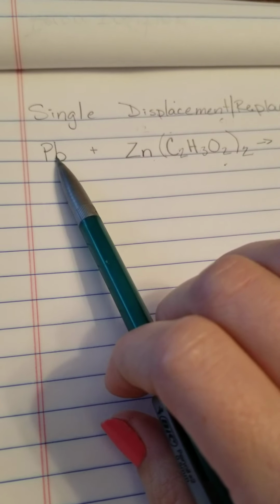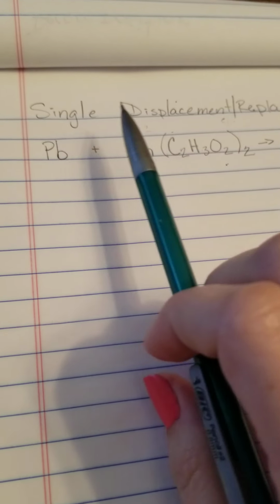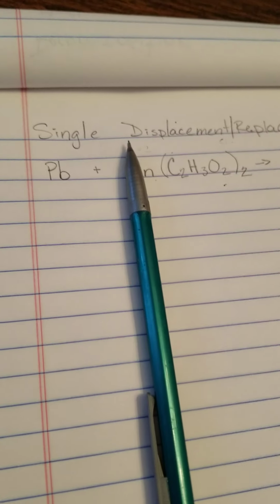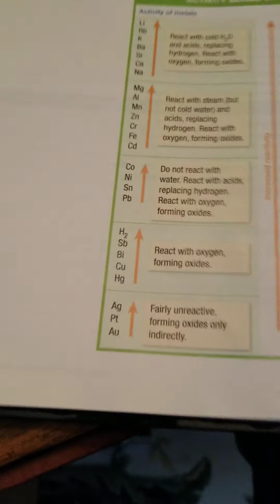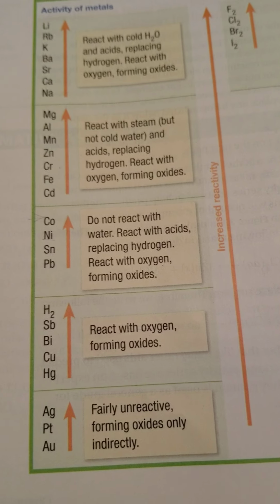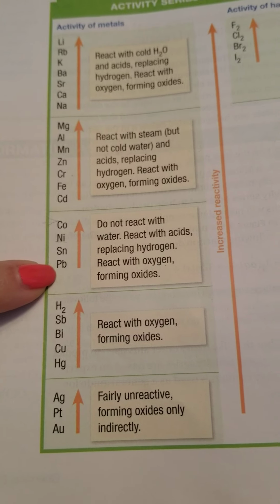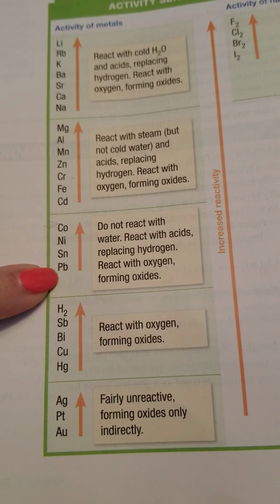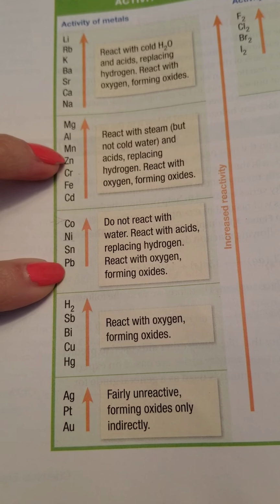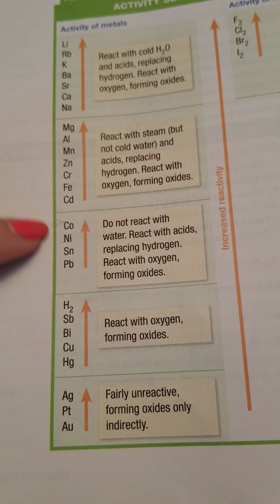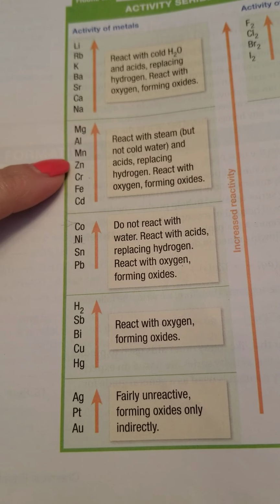Our single element is a metal, so it's trying to replace the other metal, which is zinc. So we go to our activity series. Let's see if I can find it. We have lead, which is right here, and we have zinc, which is in the compound. So the single element lead is lower than zinc.